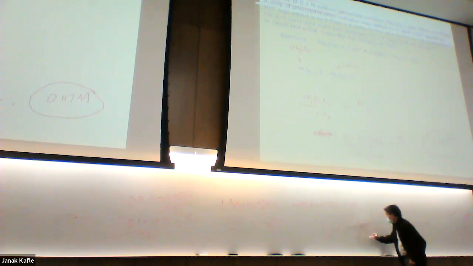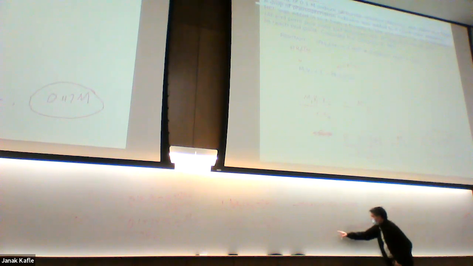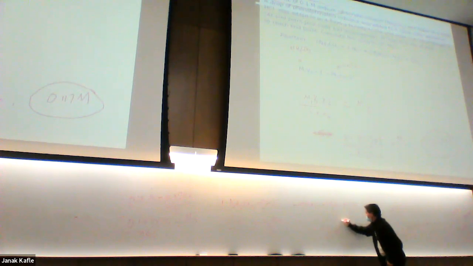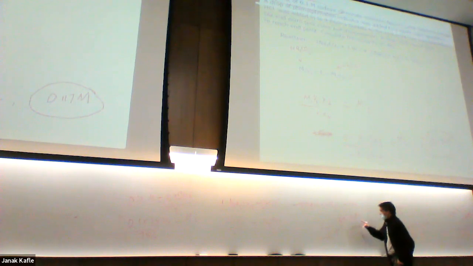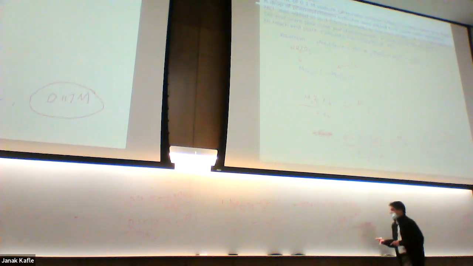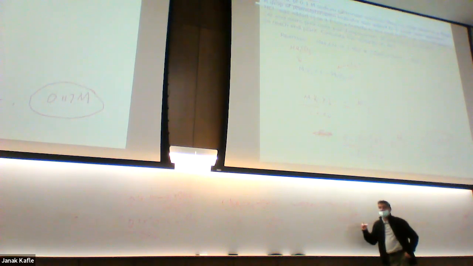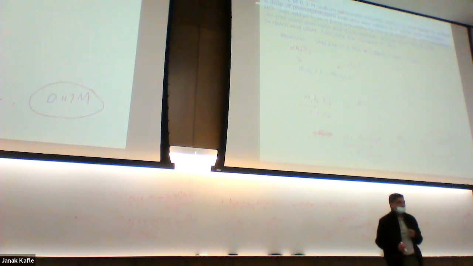So this is V2, this is M2. How much volume should you take from here? V1 M1 equals V2 M2. In a dilution case, this formula is always V1 M1 equals V2 M2. You are just dumping water. It's not a reaction. Make sense?